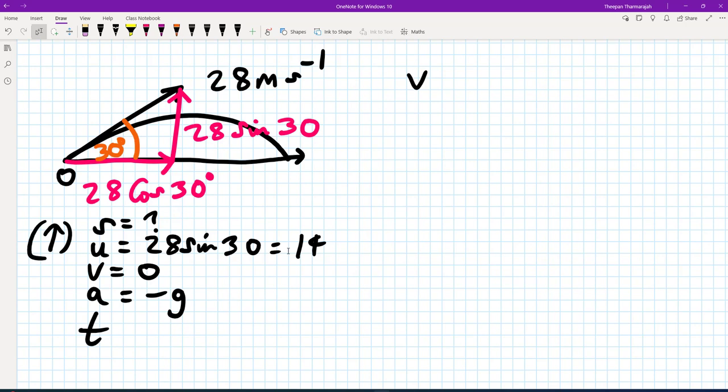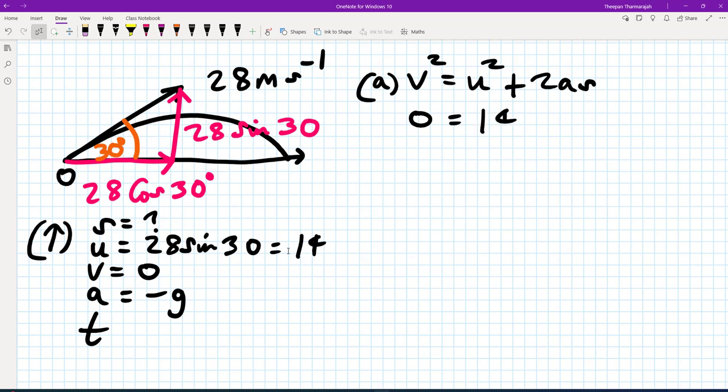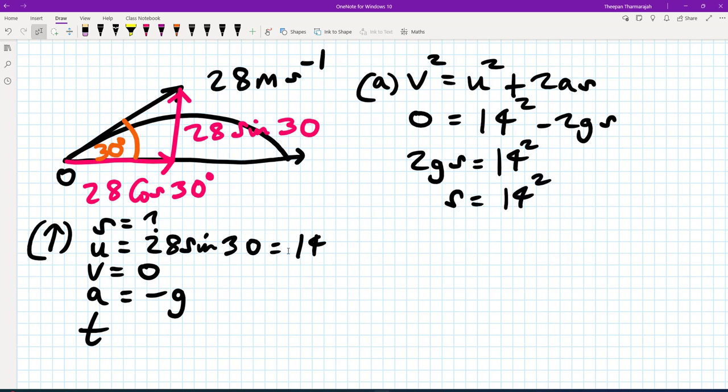So we can say v squared is u squared plus 2as. So 0 is 14 squared minus 2gs. 2gs is 14 squared. So s is 14 squared over 2g. And that's going to give me 10 meters.